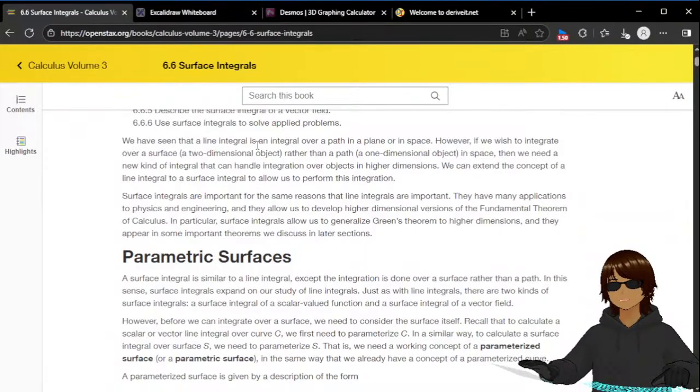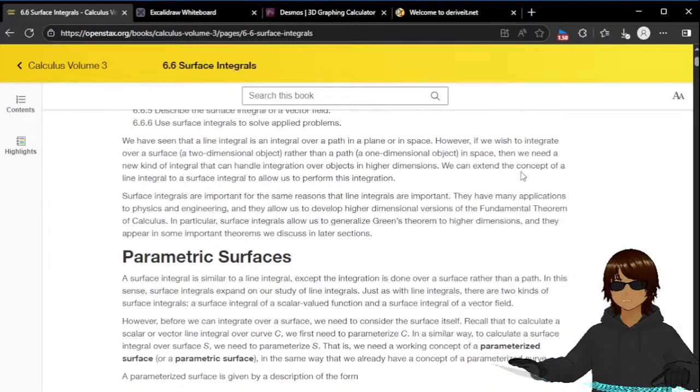We have seen that the line integral is an integral over a path in a plane or in space. However, if we wish to integrate over a surface rather than a path in space, then we need a new kind of integral that can handle integration over objects in higher dimensions.